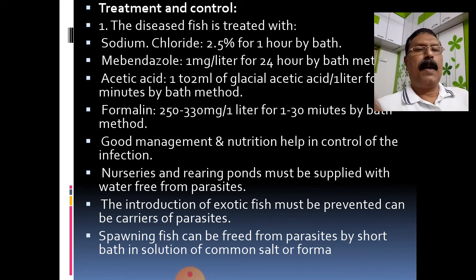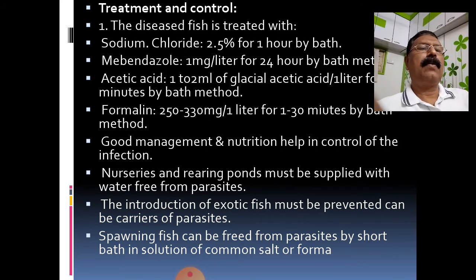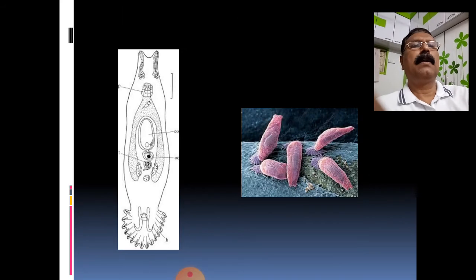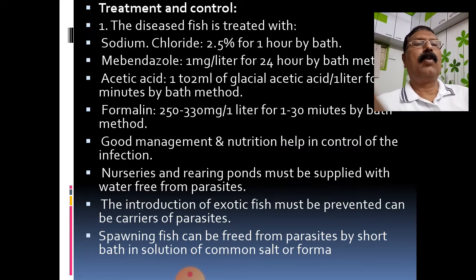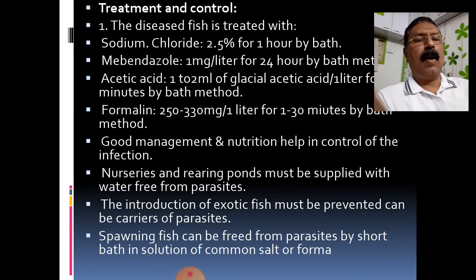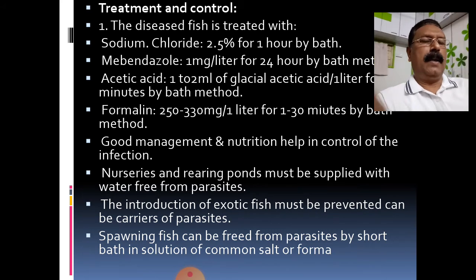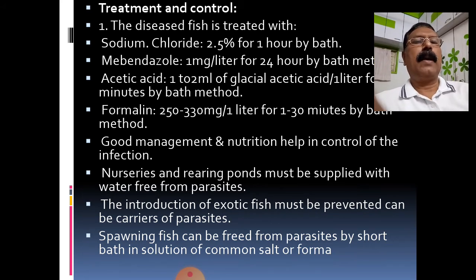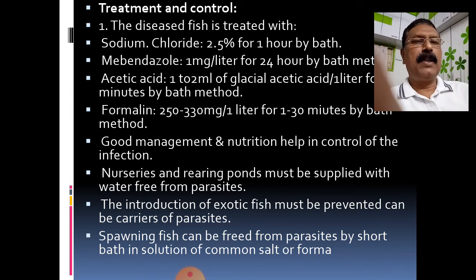At the same time, a spawning fish can be freed from the parasite by a short bath in a solution of common salt as well as formalin. So these are some of the important chemicals to control the infection of Gyrodactylus. Here we finish one of the important diseases, Gyrodactylosis.